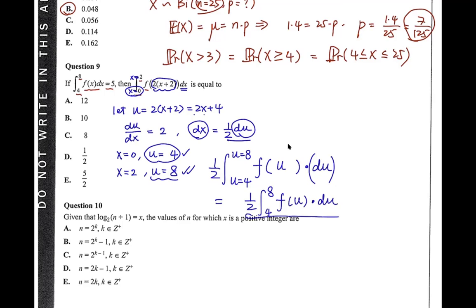Compare this with the given condition, 4 to 8 f(x) dx, which is 5. So 4 to 8 f(u) du will be 5 as well. So it's half times 5. Therefore, your answer should be E. Easy peasy, lemon squeezy. Let's move on.